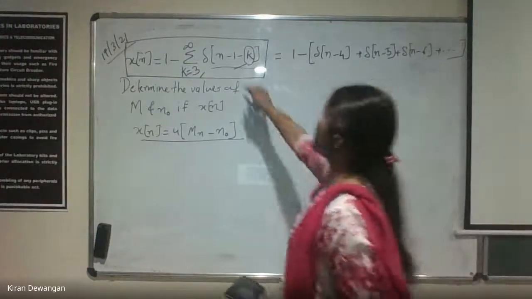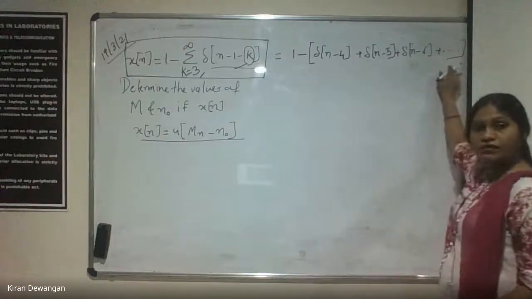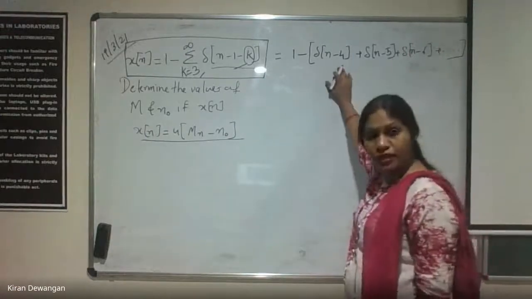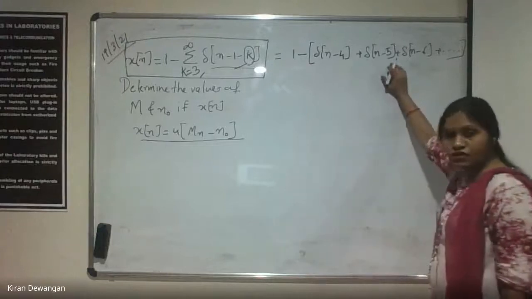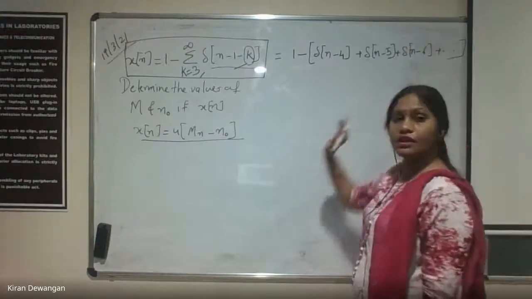Yeah, because this is a summation. Summation means we'll have to add all these values. This is delta of n minus 4, this is delta of n minus 5, this is delta of n minus 6. So we have all the values here.